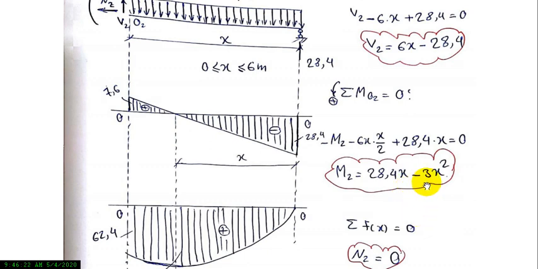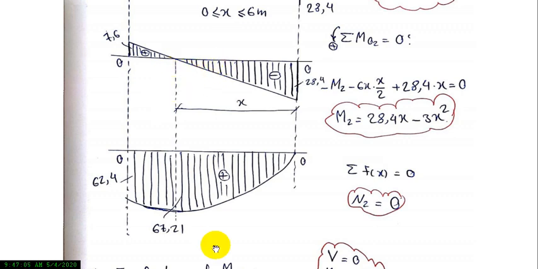When we give a price for x in this part, we obtain this shape. When we give 0, this point becomes 0. When we give x equal to 6, this point is 62.4. But one thing you should remember: at the point where the shear is 0, the moment takes its maximum value.